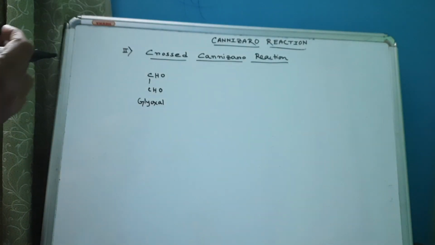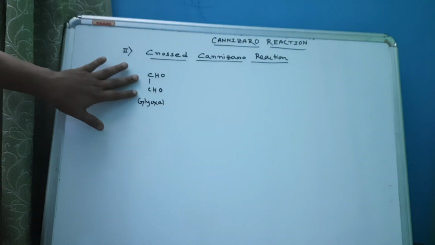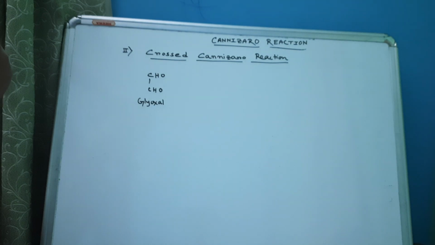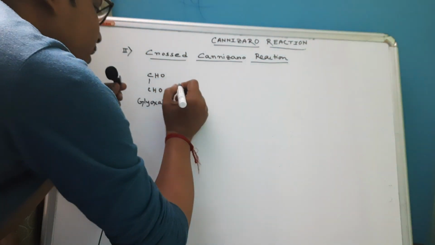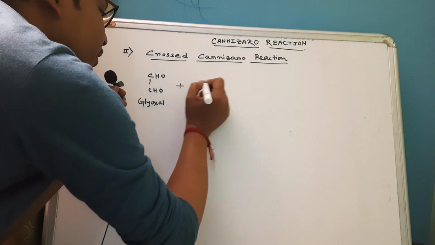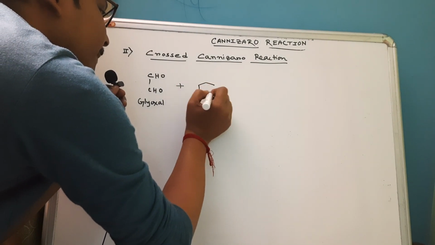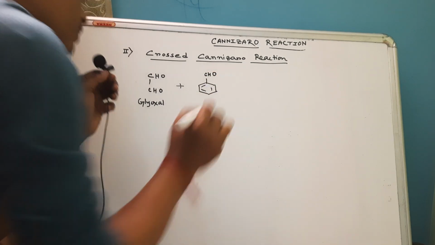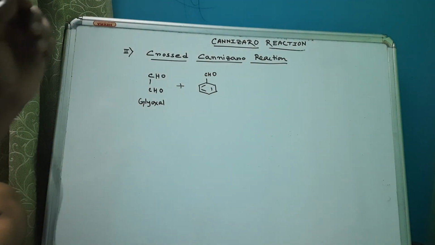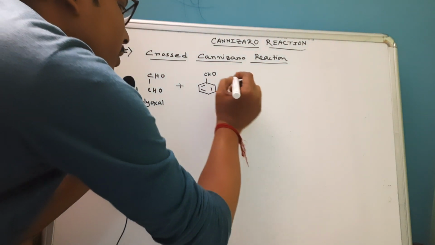This glyoxal molecule contains two aldehyde groups and no alpha hydrogen atom. So if you react this with benzaldehyde, all possible products will be formed. Okay, all possible products will be formed.